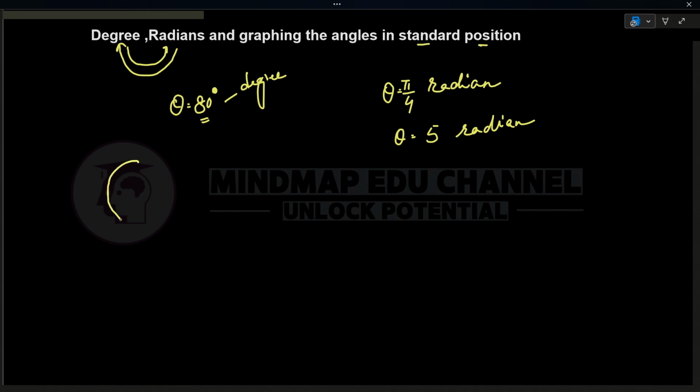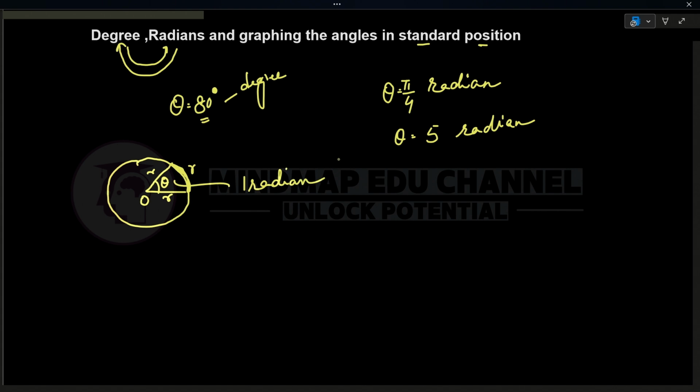See, we have a circle. Let the center be O, and this is the radius R. Now, if you have an arc here equal to R, and you join it at the end, that is also R. So this angle theta subtended at the center by an arc which is equal to the radius is nothing but 1 radian.